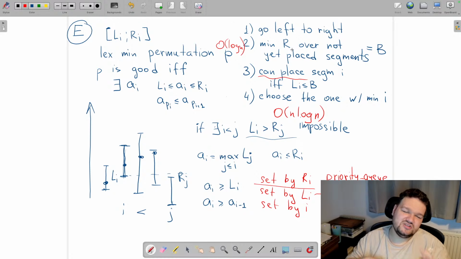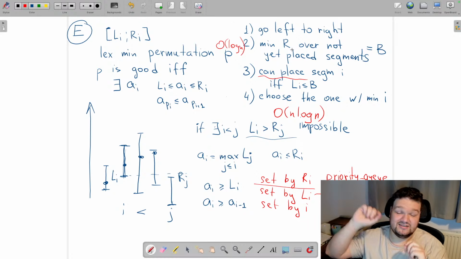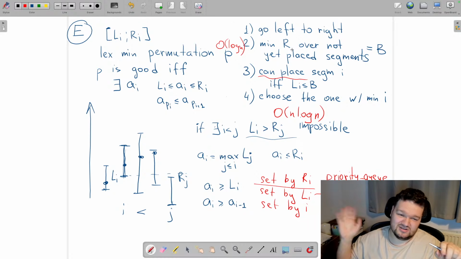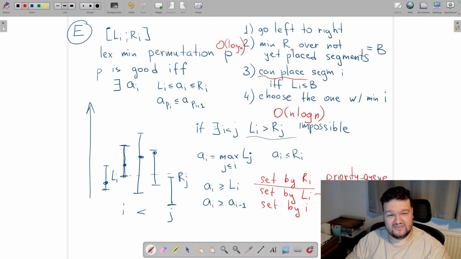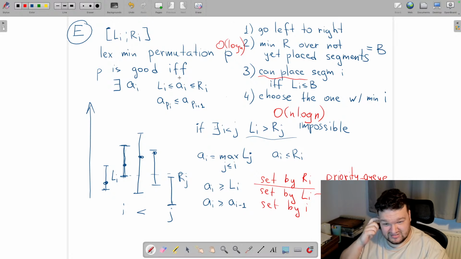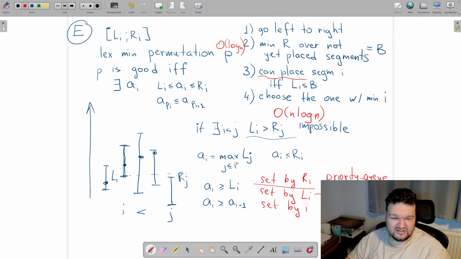So instead of removing it right away, we can just mark it as used in some array, bitset, whatever. And when we are extracting the minimum, just look at the top element. If it is marked as used, remove it, and do that while the top element is used. It still will be n log n and should be quite a lot faster. But yeah, you definitely shouldn't need any of that.